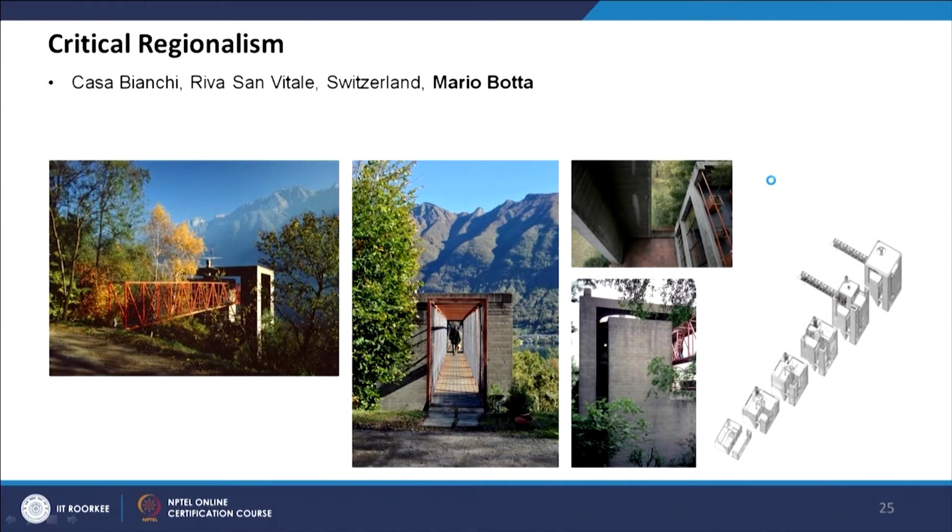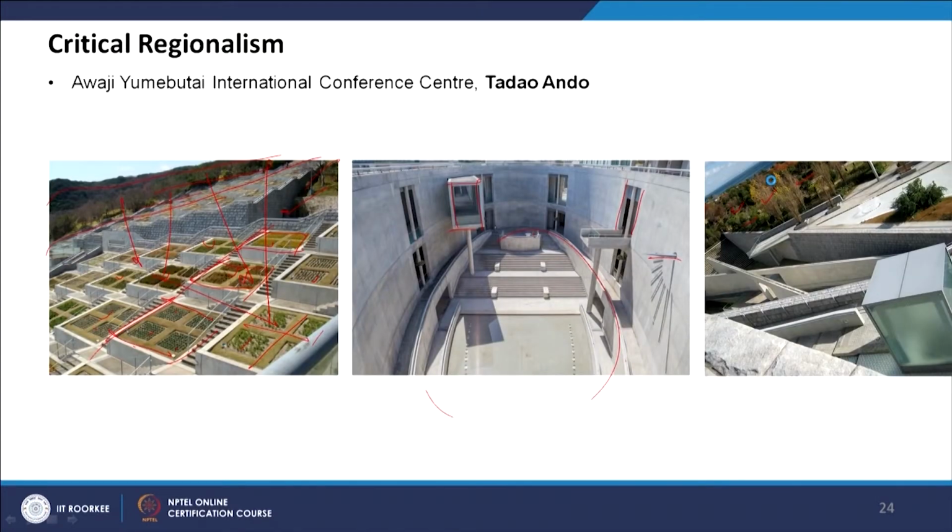Within that building at Awaji Yumebutai, again water and light come within the building, and the way Tadao Ando uses natural light is also there in the building.